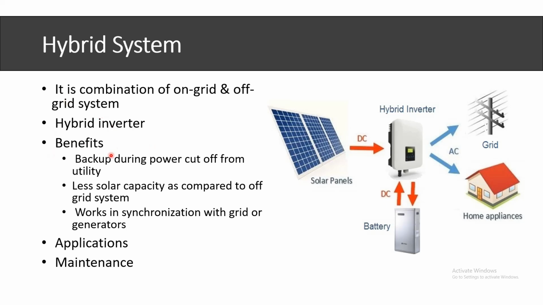Talking about maintenance, the maintenance is almost the same as the off-grid solar system. It includes batteries, so you need periodical inspection of the batteries, and you also need to clean the panels. So basically guys, this was all about the different types of PV systems.